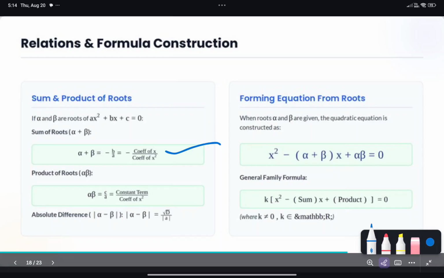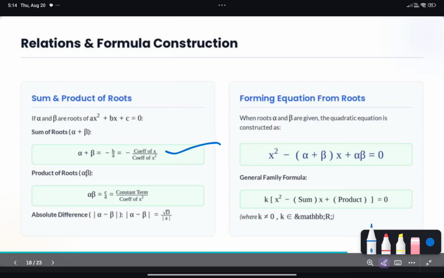Alpha plus beta is minus b by a. Alpha into beta, the product of the roots, is c by a, the constant term by the coefficient of x square. Absolute difference: modulus of alpha minus beta is equal to root D by modulus a.